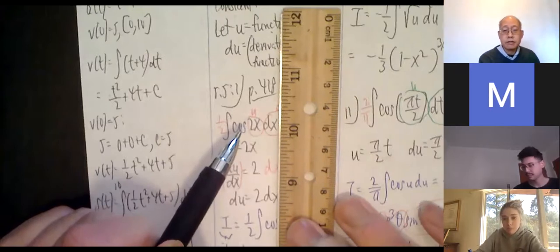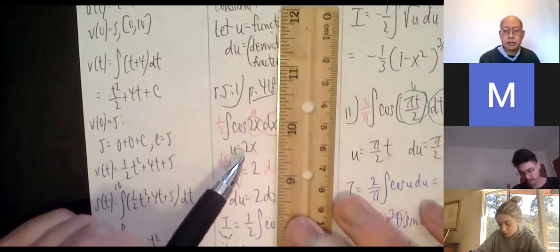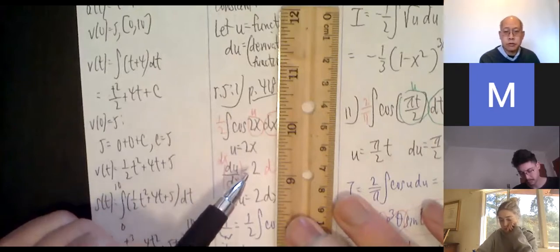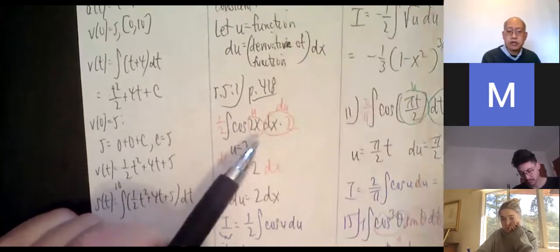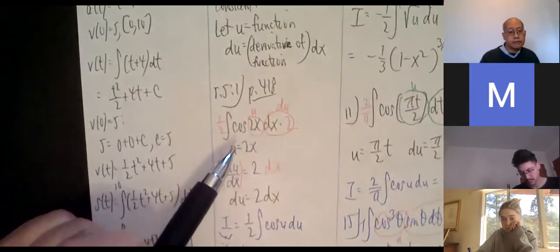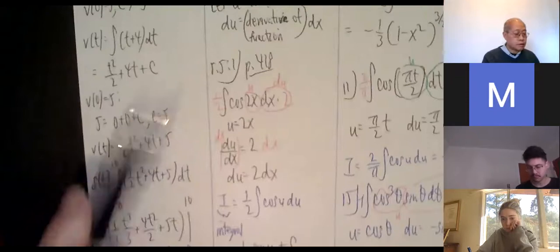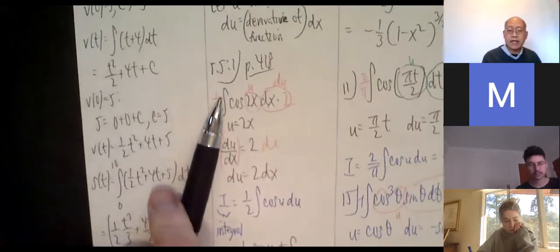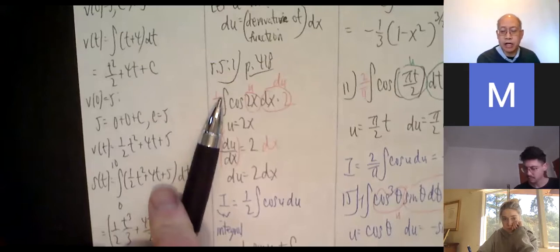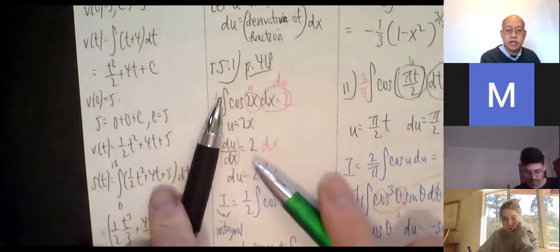So I'll let u equal 2x. What is the derivative of 2x? 2. I don't see a 2 anywhere, but that's okay. First thing I'm going to show you is the notation. With the Leibniz notation, L-E-I-B-N-I-Z, you don't even have to write that down if you don't want to. It's the d notation. We would write du/dx equals 2.